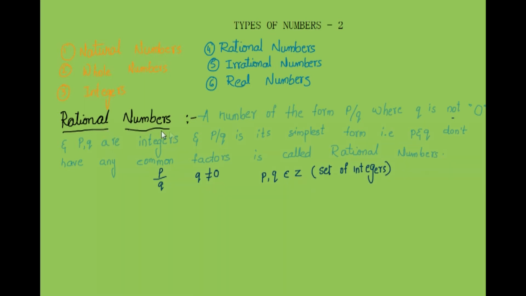Let us observe some examples. First of all, let us see integers. Integers contain all negative natural numbers, including 0, and all positive natural numbers. These are called integers.